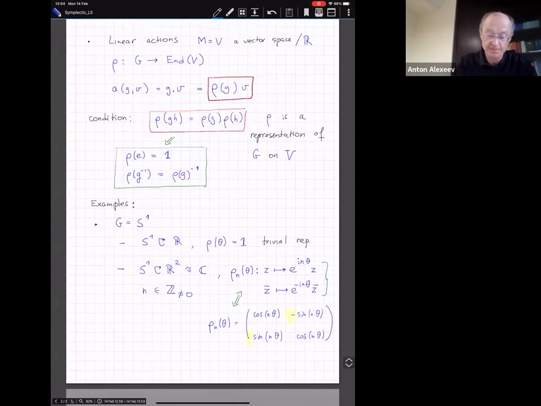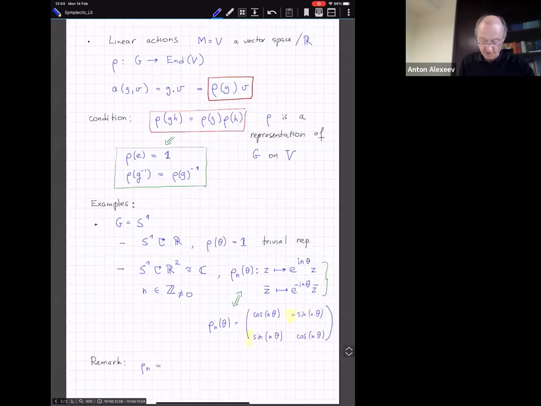But now, just note that there is one small thing, and I will write it in a kind of, my notation is slightly funny, but I hope it will be clear what this means. In fact, if you change the sign of n, so those two representations which correspond to n and minus n, they're actually isomorphic to each other.